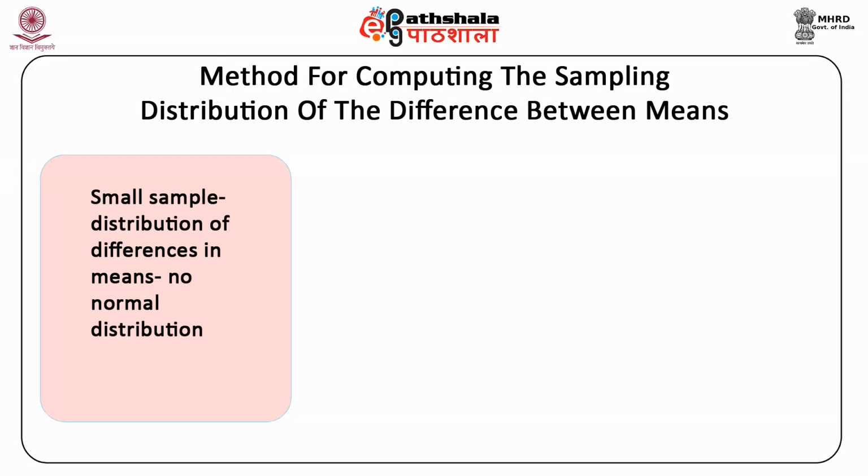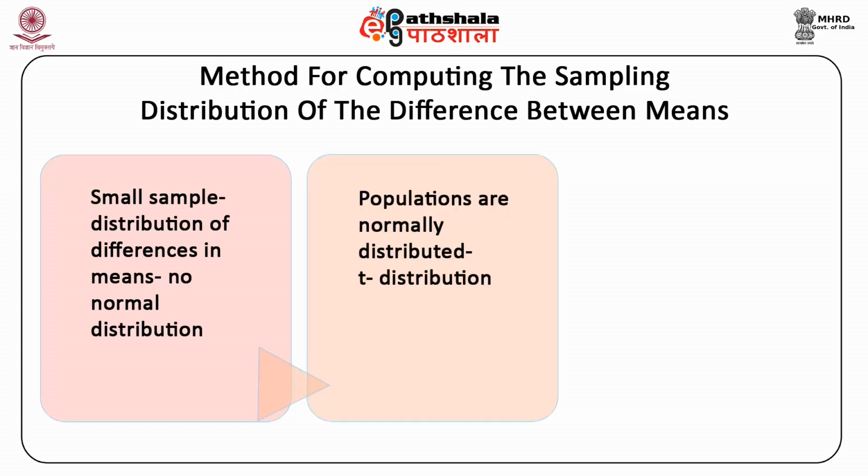Instead, when the populations are normally or near normally distributed and the population variances are unknown, then we must turn to the t-distribution.